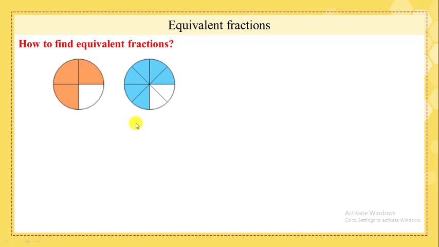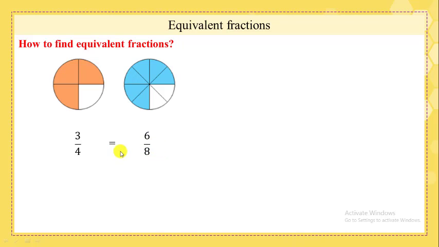Let's take 2 pies of the same size, but each one is divided into a different number of parts. The fraction that represents the shaded part in the first pie is 3/4, and in the second pie is 6/8. But these two fractions show the same amount, so 3/4 is equal to 6/8.